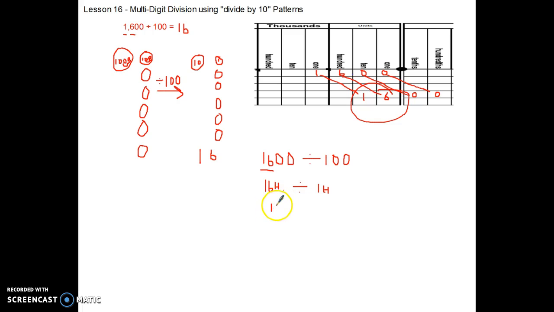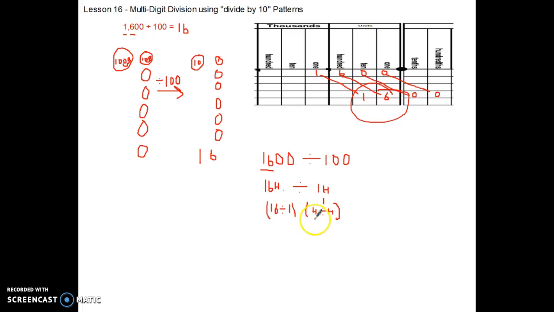And then if I wanted to, I could rewrite all of this or reorder it. So it would be 16 divided by 1 in a parentheses because I'm doing that operation together, and then it would be the hundreds divided by the 100, which, knowing what I know about the discs, 100 divided by 100, or anything divided by itself, is always equal to 1.